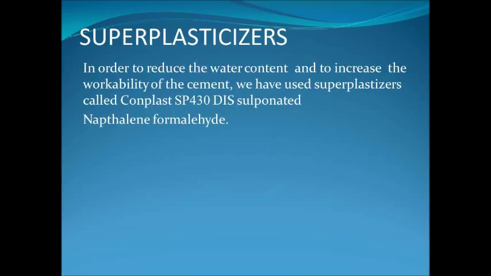The superplasticizer is used in order to reduce the water content in the cement and to increase the workability of the cement. We have used the superplasticizer Complex SP430, a sulfonated naphthalene formaldehyde.